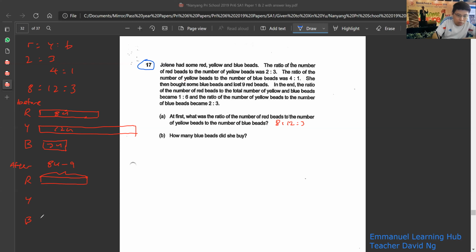She bought blue bits. Yellow and blue combined, then, is 1 is to 6.